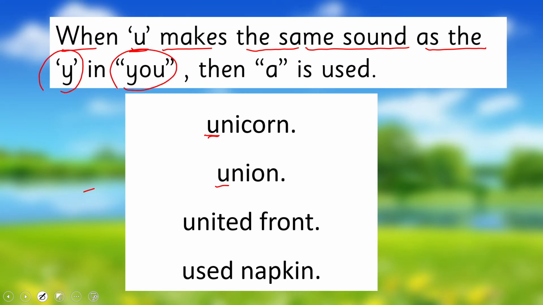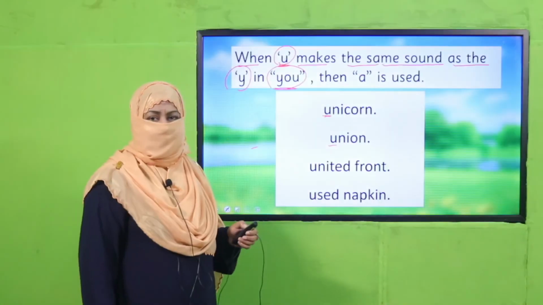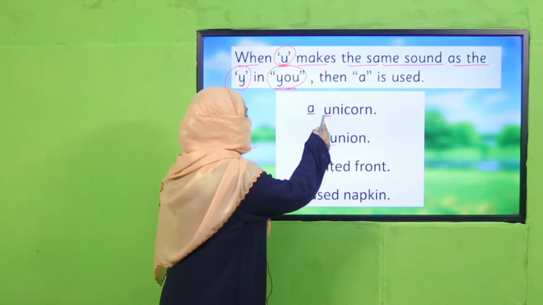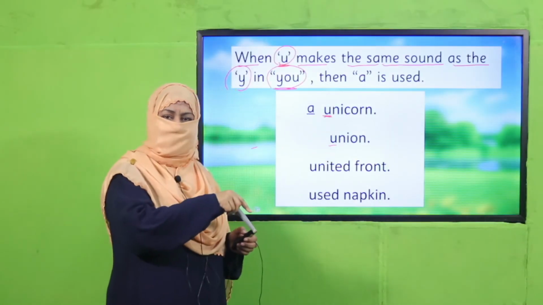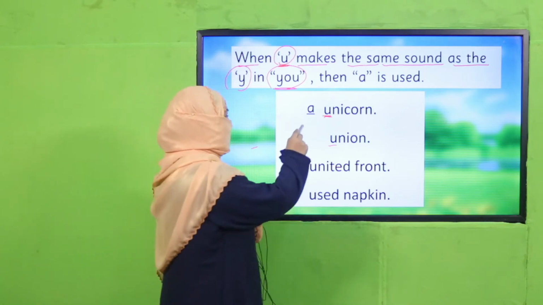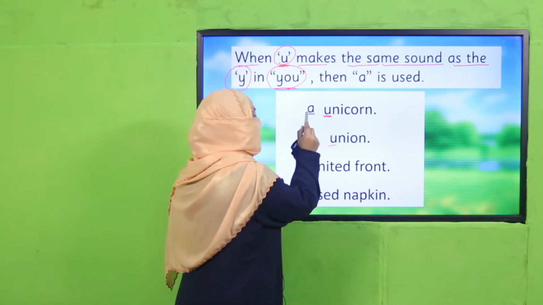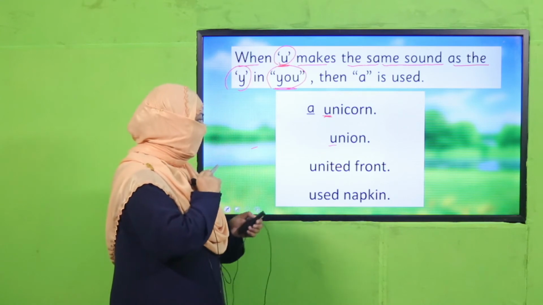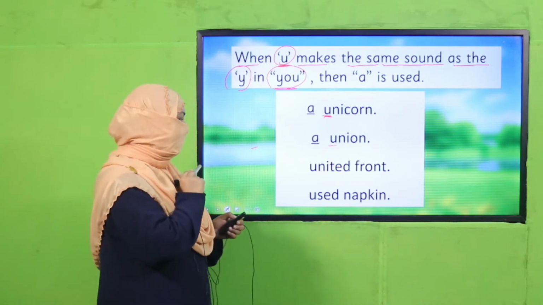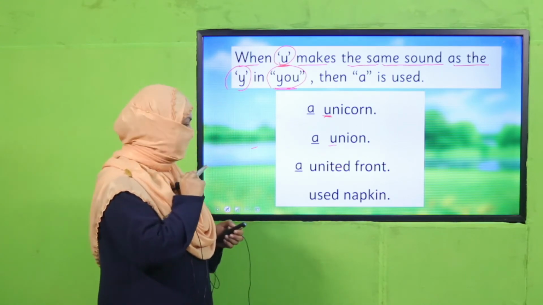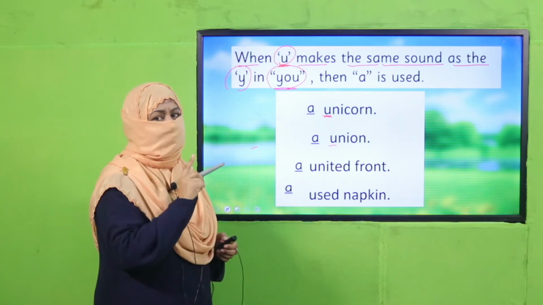So whenever a word starts with the U sound of this vowel, instead of "an", what will we use? A. Why? Because this vowel is giving a consonant sound.